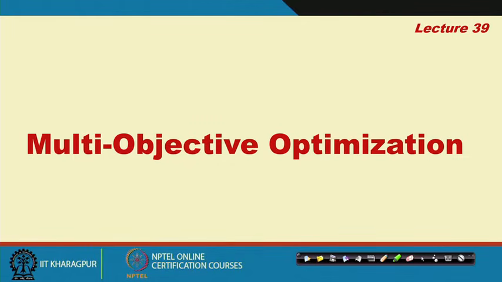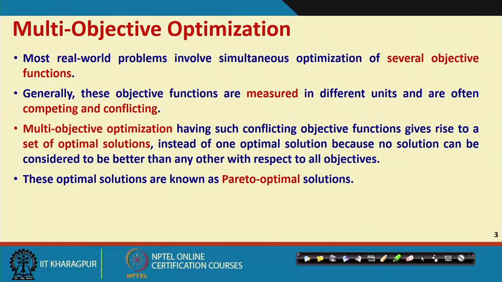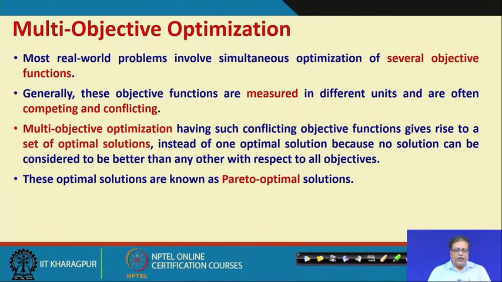So far we have seen various problems with meta-heuristic use, starting from genetic algorithms and several other techniques, but we have not explicitly considered multi-objective optimization using meta-heuristic methods.